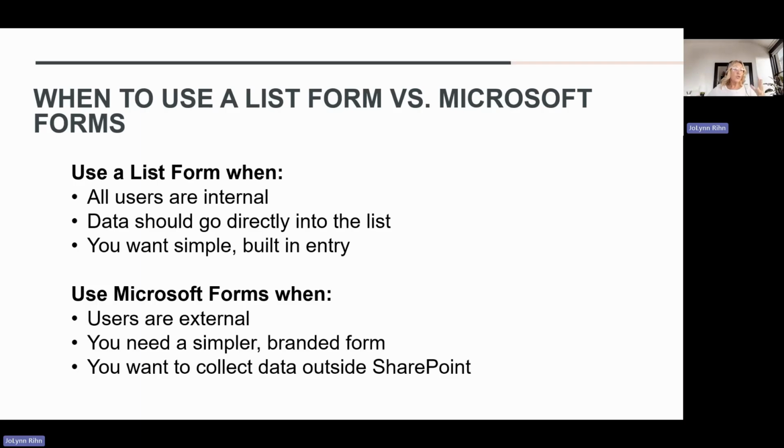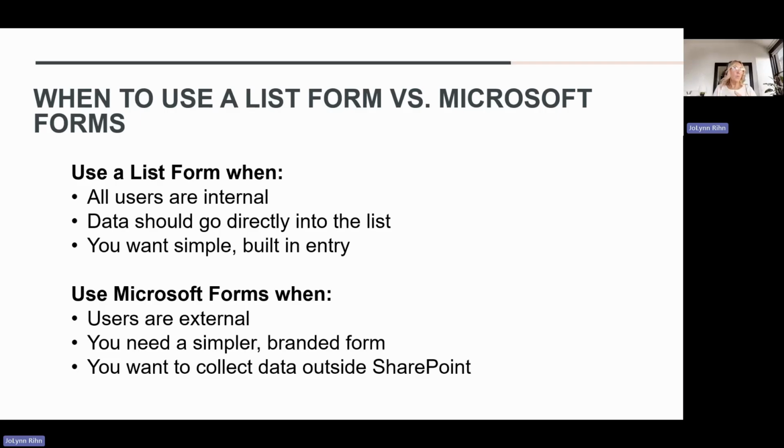So when it comes to a list form versus a Microsoft form, we use list forms if it's for internal processes, and forms for more broader or even working with external audiences. Choosing the right tool really does make a difference to make things easier to use.